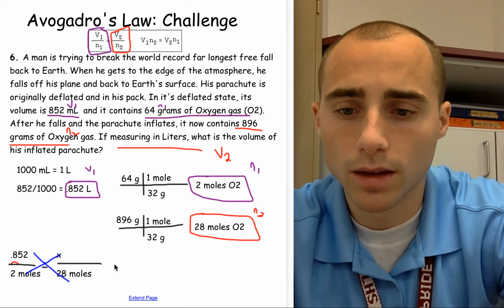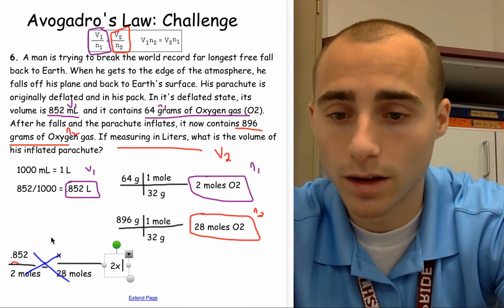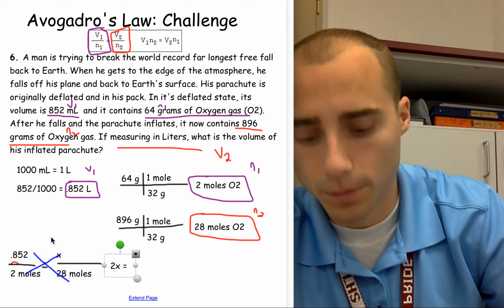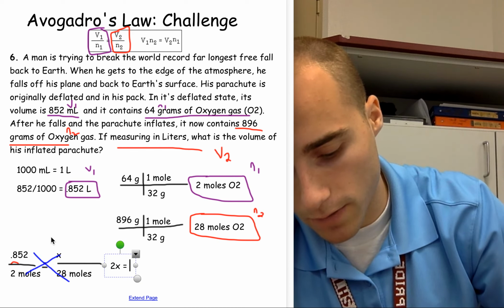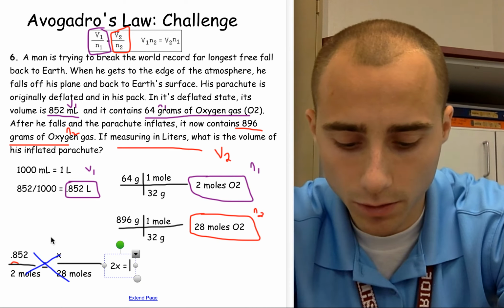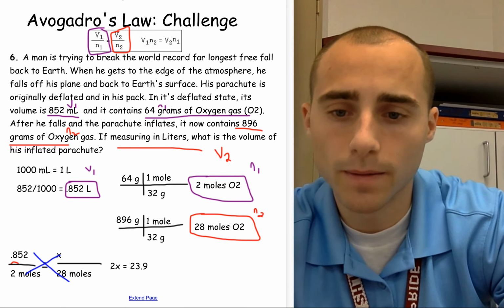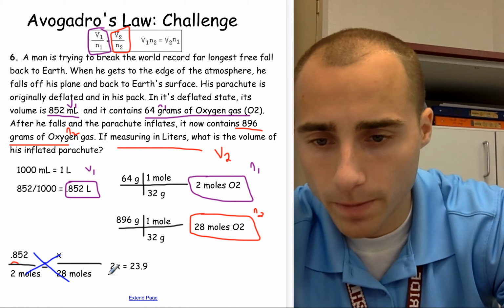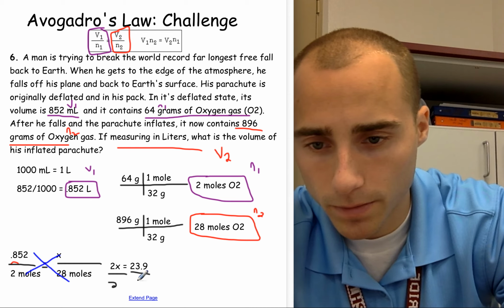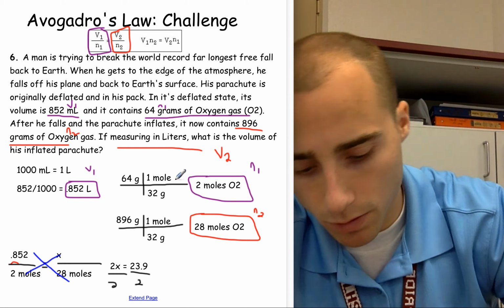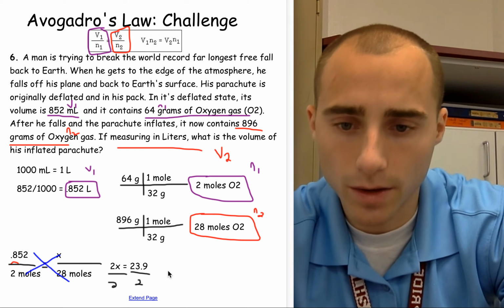You end up with 2x equals 0.852 times 28, which equals 23.9, rounded, of course. And then we simply divide by 2. 23.9 divided by 2 equals about, we're just going to round here, to 11.9.